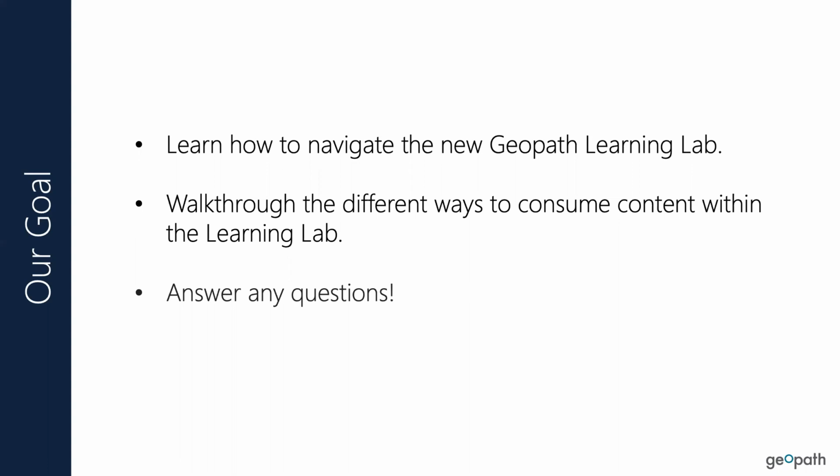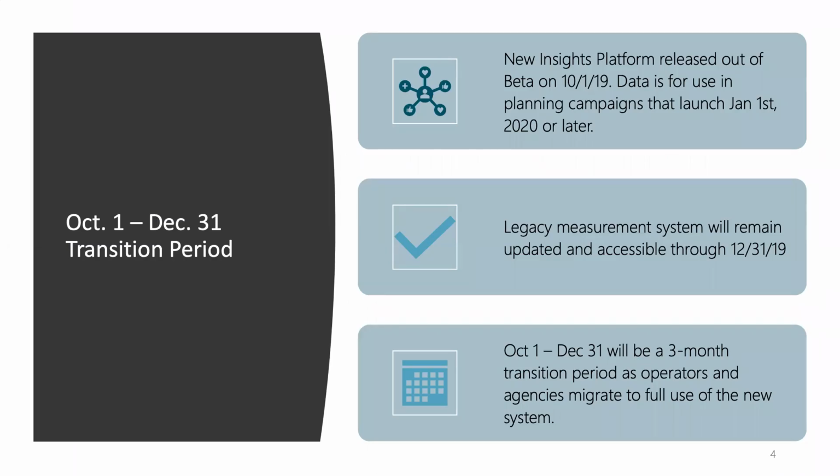So as we jump into it, just a quick thing. I want to talk about the transition. As you hopefully know by now, on October 1st, the Geopath Insights came out of beta, and that data can be accessed through our Geopath Insights suite as well as our API. A couple of things about that I want to make sure everybody's aware of.